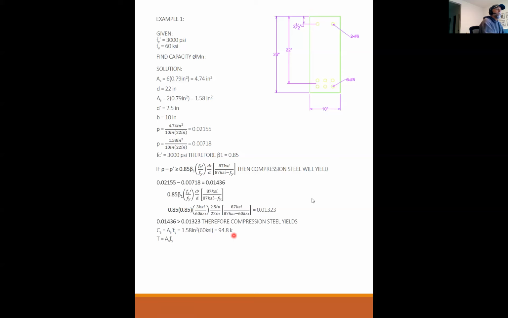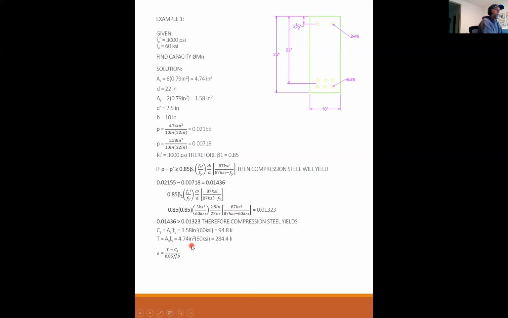The tension force is AsFy. 4.74 times 60 is 284.4 kips. So little a is equal to the compression in the concrete over 0.85 f prime c b.